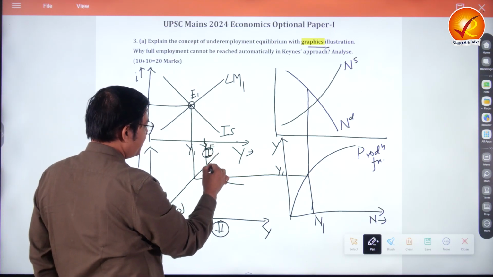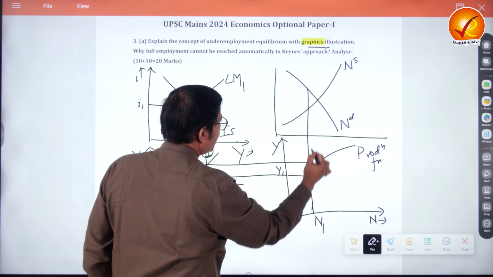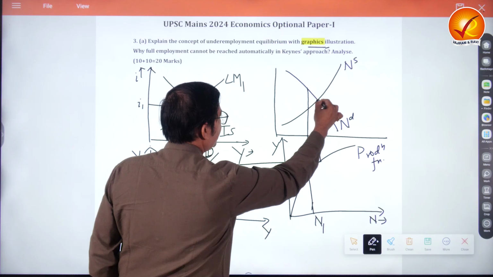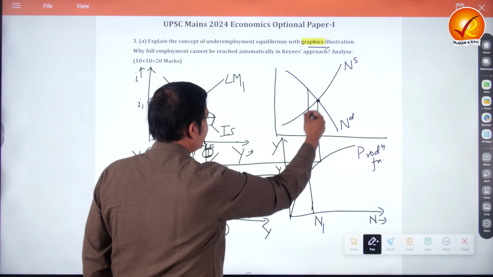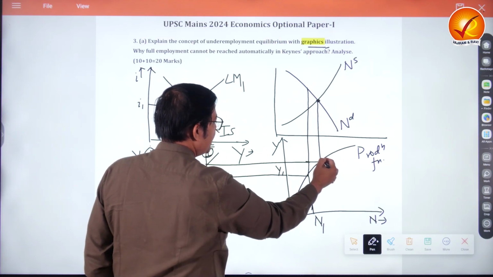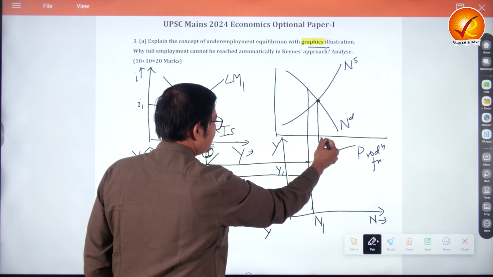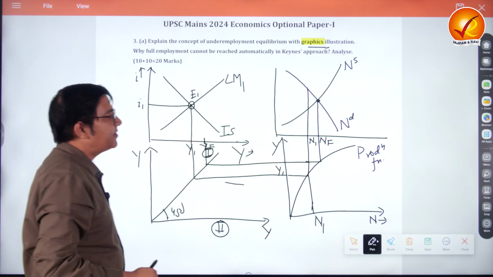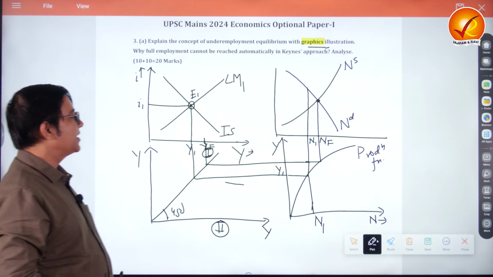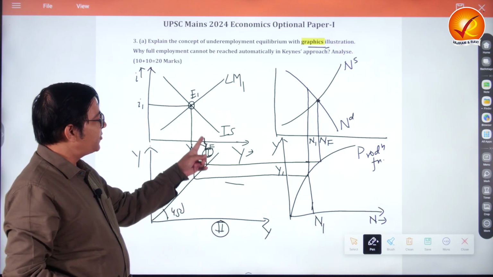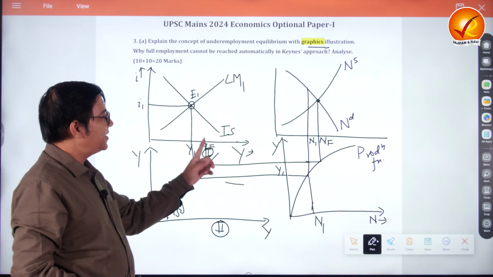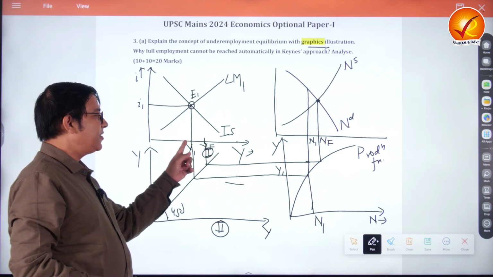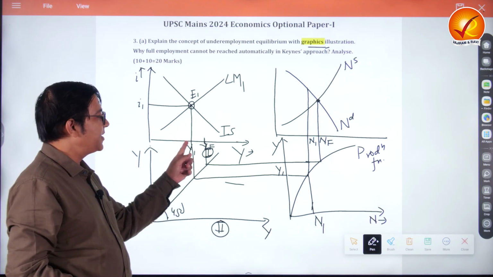If full employment is at YF, then this equilibrium in the labor market will be associated with NF labor, but actually the equilibrium is N1. That is what Keynes was telling. Classical said that the economy is always at full employment. Keynes said no, not necessary. It is possible that the equilibrium is before the full employment level.